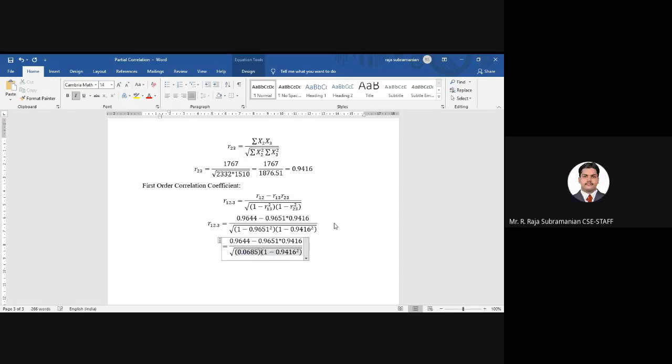Here, 1 minus 0.9416 the whole square: 0.1133. And what is 0.9651 into 0.9416? 0.9087.